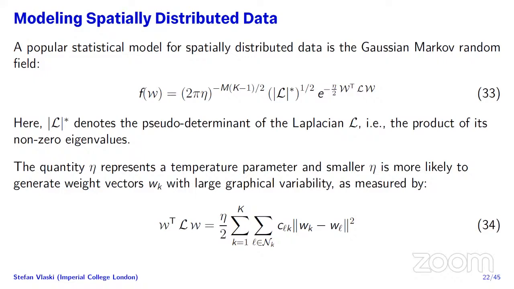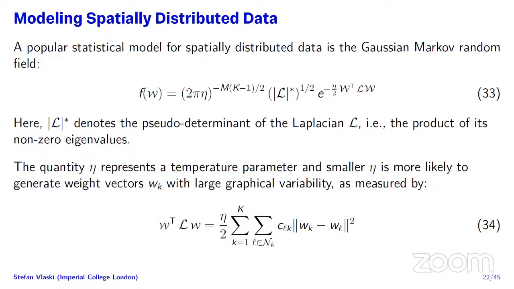So when we're thinking about modeling spatially distributed data, quite a natural statistical model for this is the Gaussian Markov random field, okay? Where we're going to essentially impose a prior on W, so these are the local models, which follows more or less a Gaussian distribution, where the scale parameter is given by W transpose the Laplacian in W, okay?